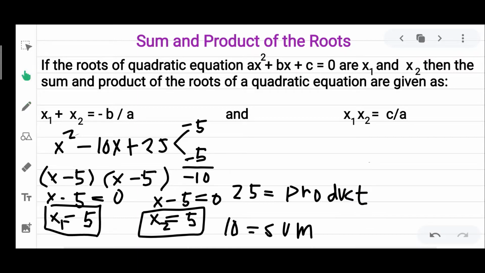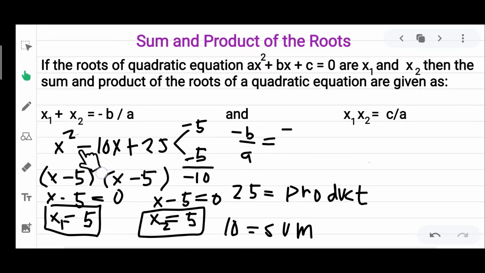Okay. Ngayon, without using this process na kailangan pa natin kunin yung mga roots, meron tayong simplest way to get the sum and product of the roots. So, paano? Yung gagamitin lang natin yung formula. Okay, try natin use the formula for the sum of the roots, which is negative b over a. So, copy negative. And then, yung value ng b natin, anong value ng b natin dito sa equation?